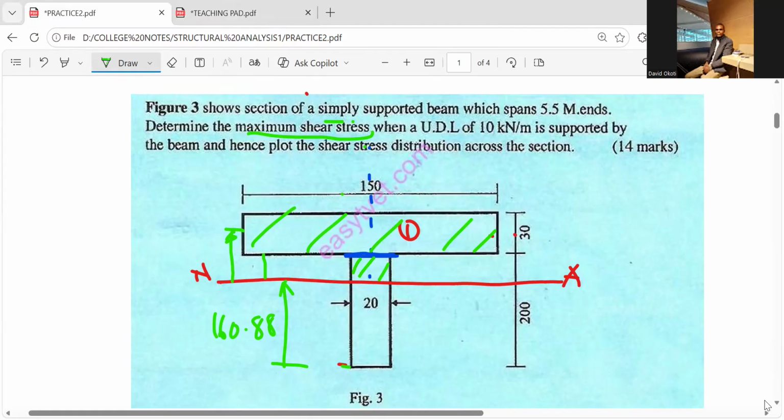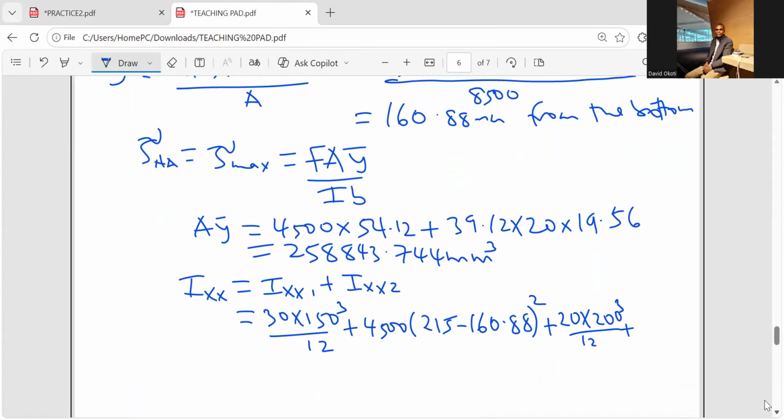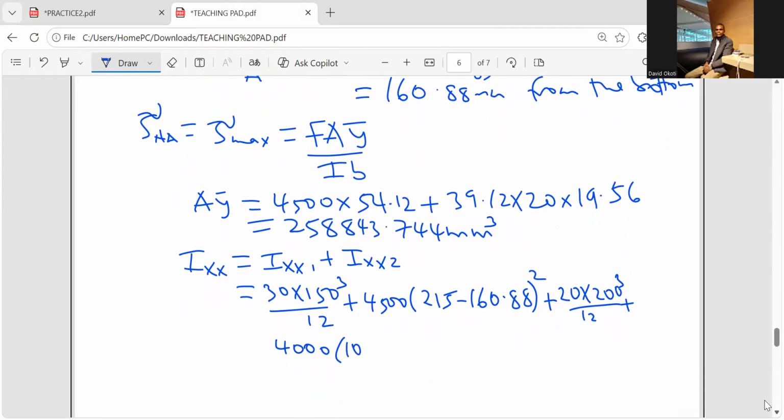Then I add that of web. That of web will be B D cubed over 12. Remember, for web B is 20, D is 200, cubed over 12, plus, because we are using the theorem of parallel axis, the area 4000 into the y. The y of web was 100, so 100 minus 160.88, squared.